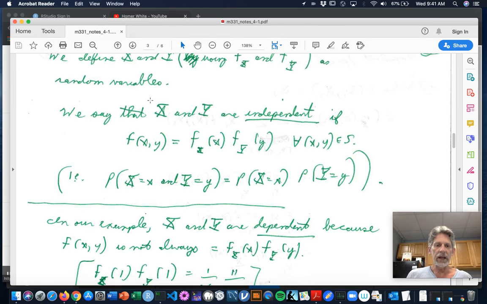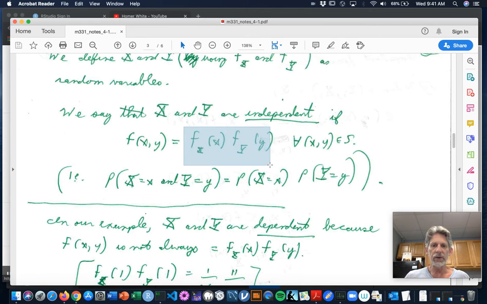So we say that random variables are independent if they're part of some joint distribution, and if you take the marginal for one of them at some little value, little x, and the marginal for the other, so this is the chance that capital X is equal to little x. This is the chance that capital Y is equal to little y.